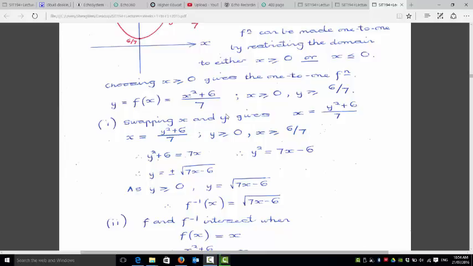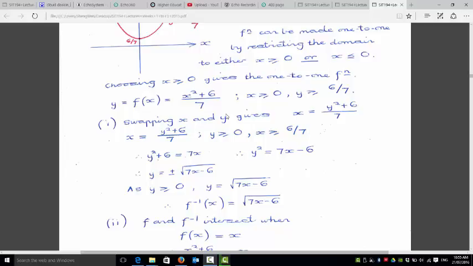Then we will get x equal to (y squared + 6)/7, and the range will be y larger than or equal to 0, while the domain is x larger than or equal to 6/7.